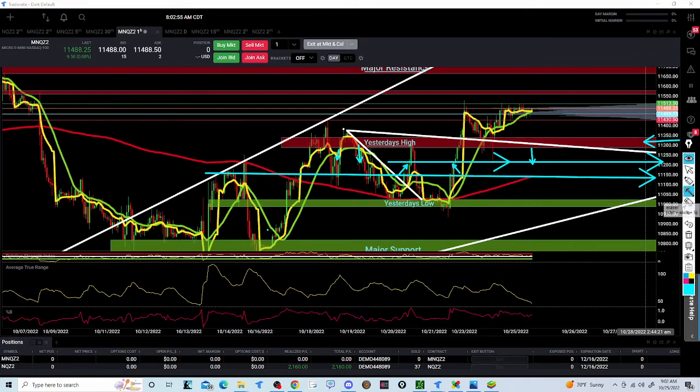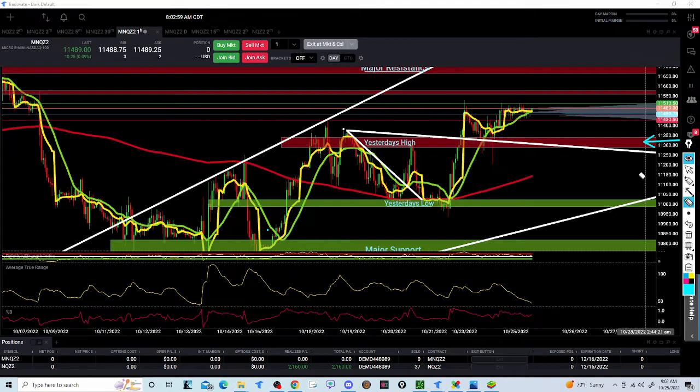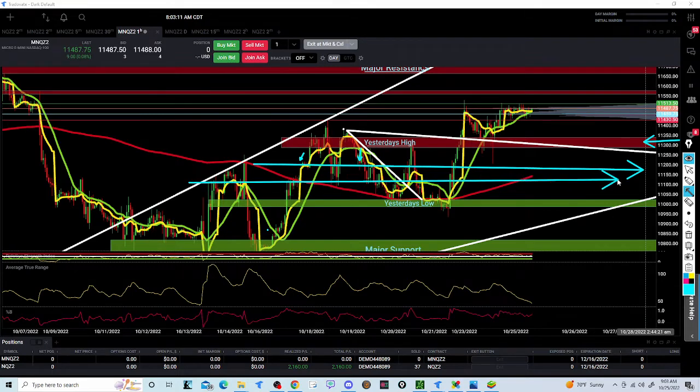So maybe capture 75 points on that move. But this is how you're identifying where for certain price is going to react. Price is going to react 100% for sure in this area. It's going to react 100% for sure in this area, because we had such major trouble in the past in that area.